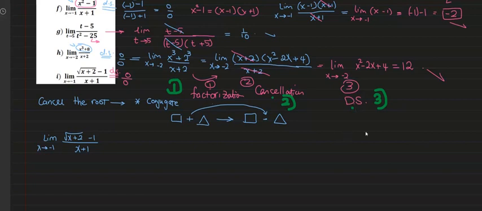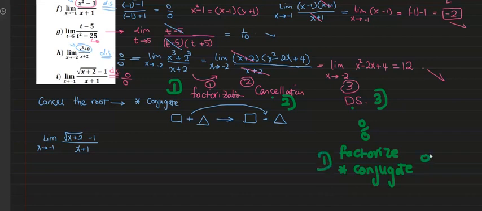So sometimes when we have the 0 over 0, we do either factorize or multiply with the conjugate, which is called rationalize. That's step 1.